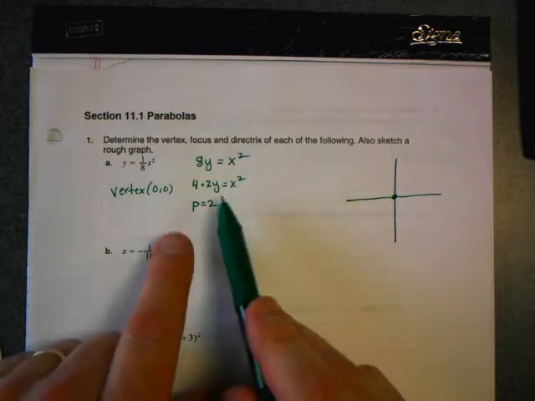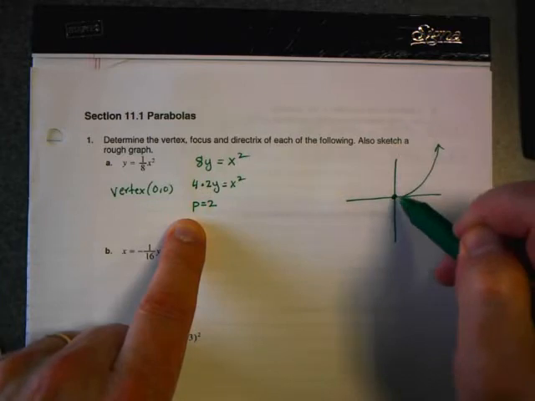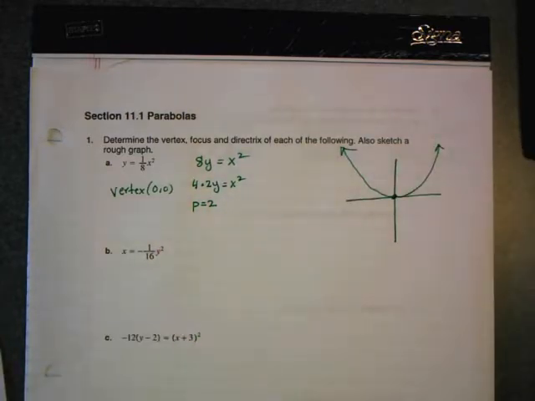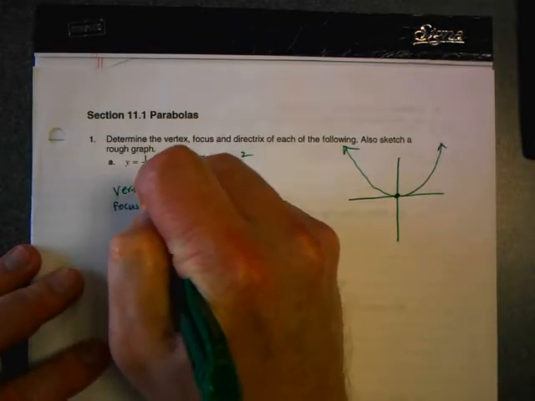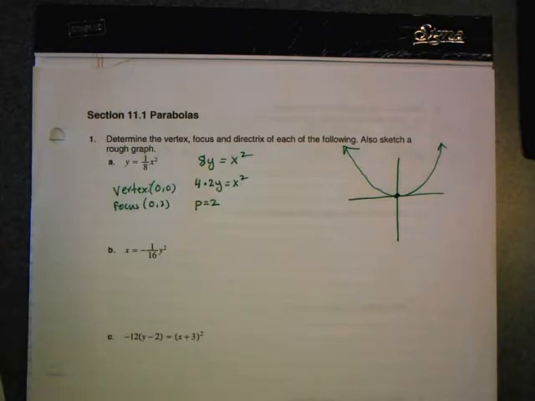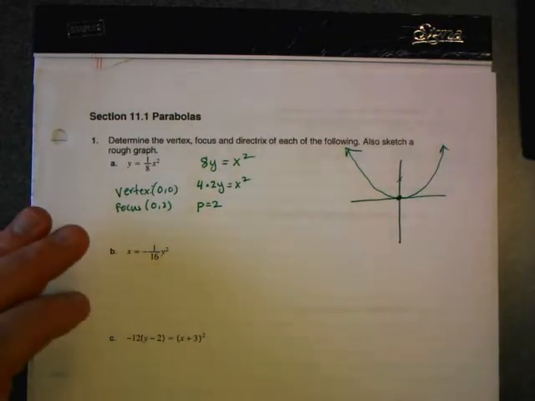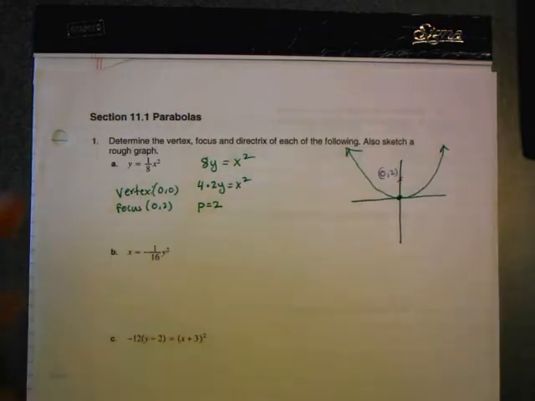If p is the number 2, and this parabola is going upward like so, then where is the focus? 0, 2. The focus would have to be straight up 2 units because p is 2. So our focus would be right there, 0, 2.